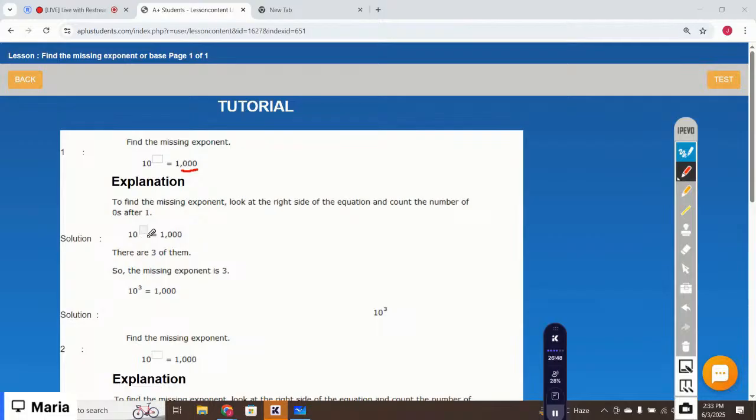So that is 10 exponent 3. There are three of them, so 10 exponent 3 equals 1000. Let's just start with the test first.